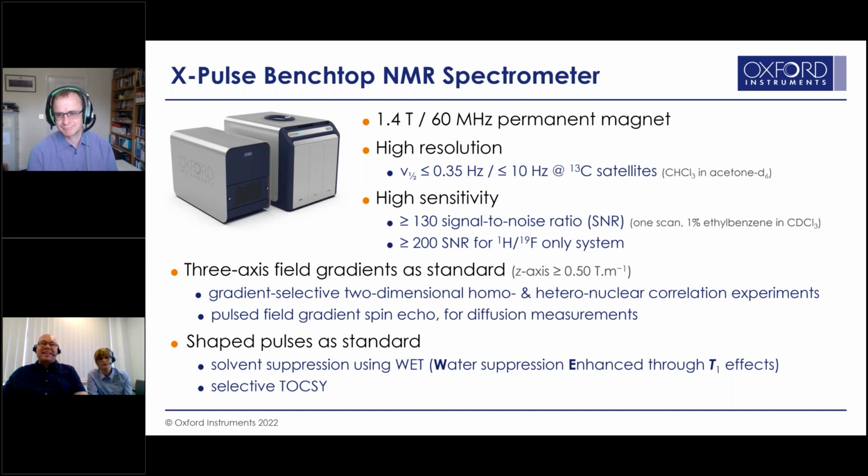We're looking at a detection limit of probably about 1 millimolar concentration, and a quantification limit probably somewhere between 5 and 10 millimolar. Obviously, we can go to lower concentrations if you're happy to run longer experiments. Generally, this is protons, so everything else is going to be worse.